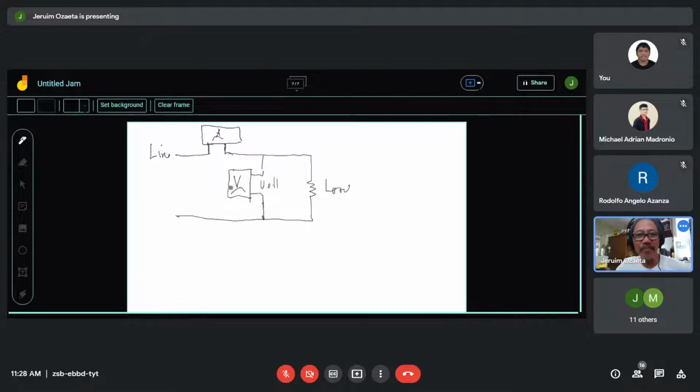Okay? Now, take note that the voltmeter, the voltmeter earlier, this is the coil. So, let's just represent this as the coil of the voltmeter.